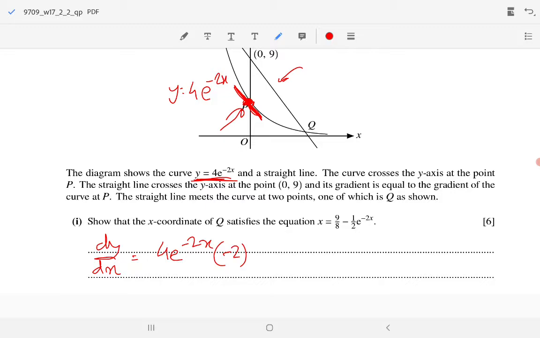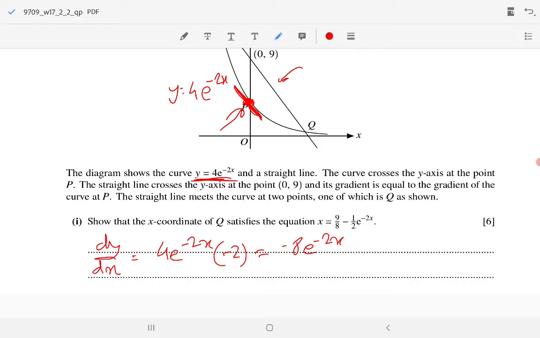Chain rule, remember, guys. So minus 8e raised to minus 2x. But to be able to find the exact gradient, we need to know the coordinates of this point P. So first you'll find the coordinates of point P.